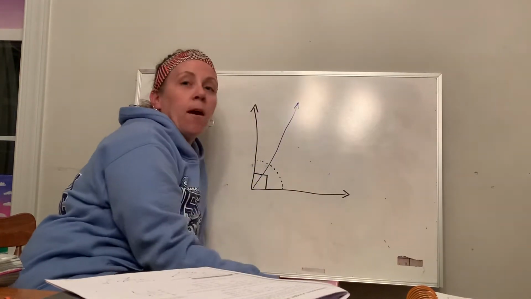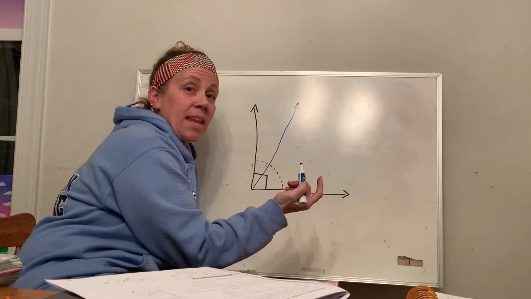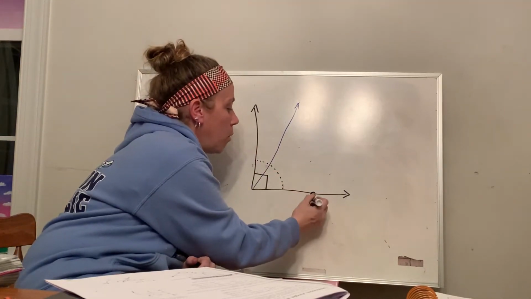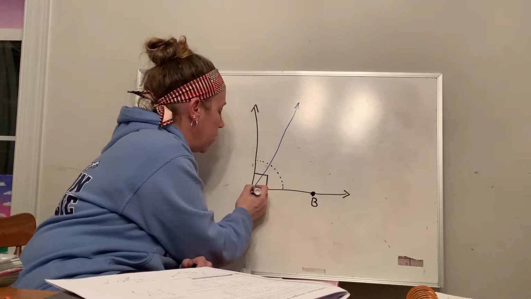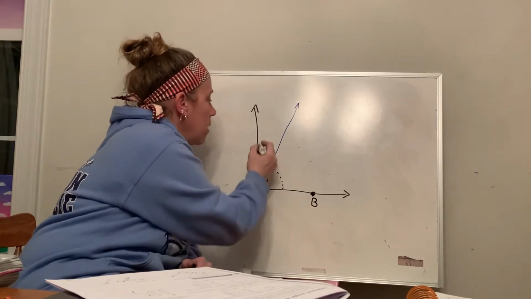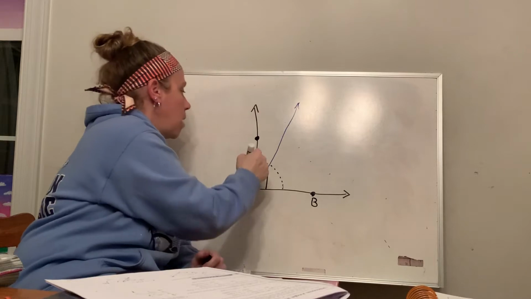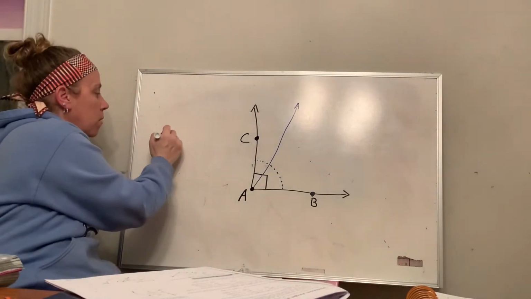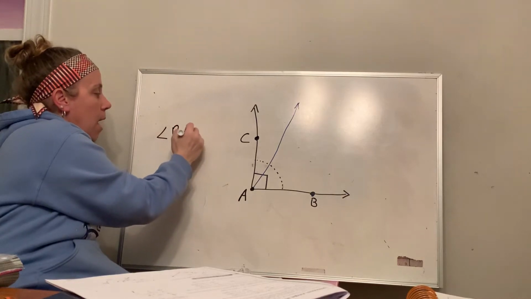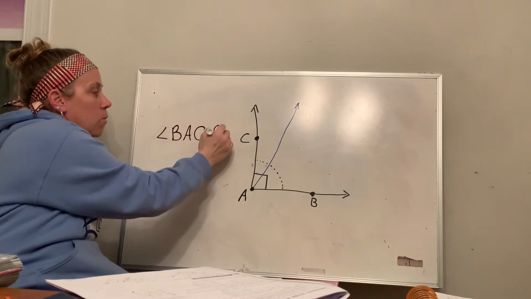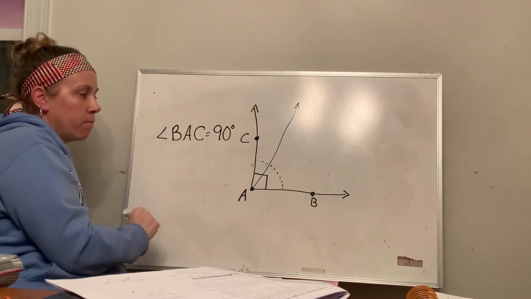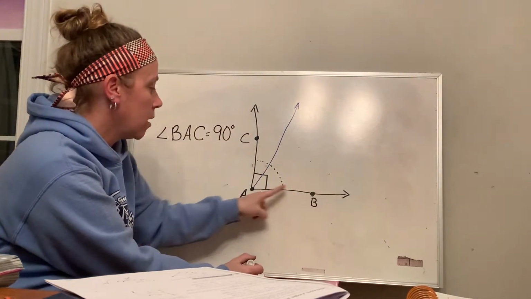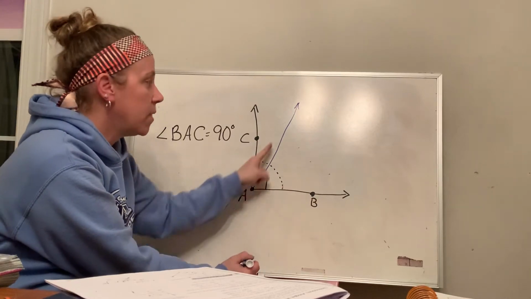let's name these. In black, I'm going to have point B. There's my vertex, A. Here, we'll call that C. So angle BAC equals 90 degrees. Now I drew another angle using ray AB and this new ray.